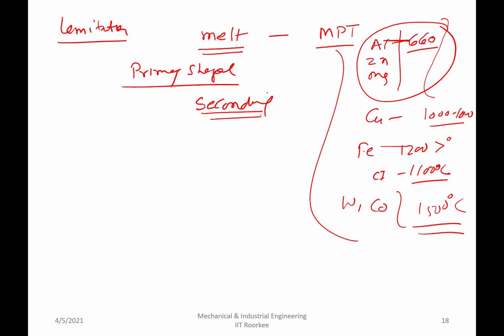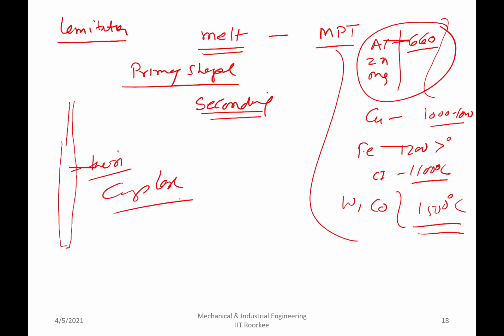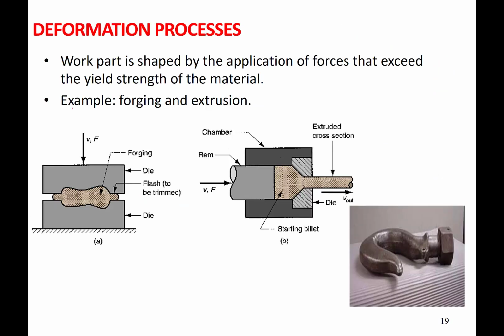When the product size is very thin, or it is very complex, metal is not able to reach every section of the mold. Try to understand it from that point of view.